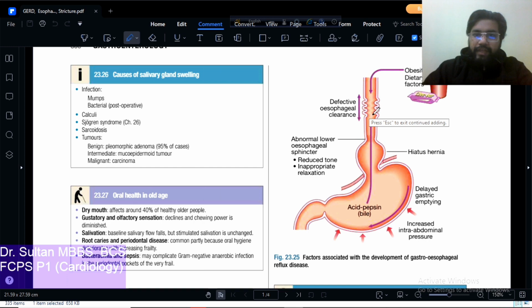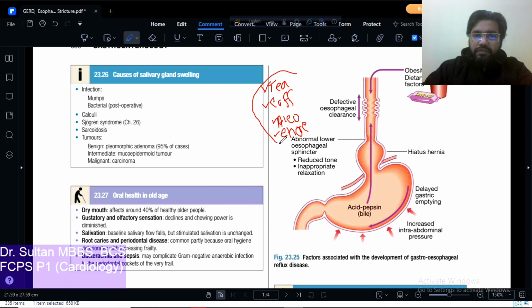So what are they? Some food content like tea, coffee, alcohol, chocolates. These are the important dietary factors: tea, coffee, alcohol, and chocolates.